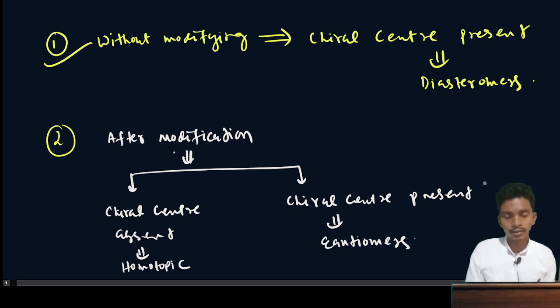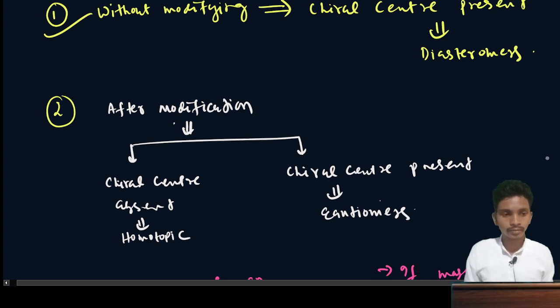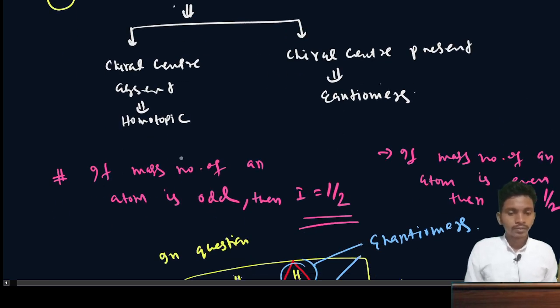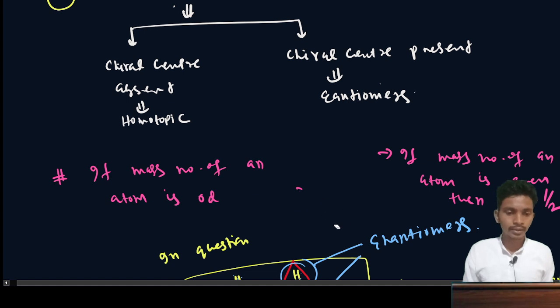These are the conditions for enantiotopic and homotopic, and for diastereotopic. So for diastereotopic, without modifying, if a chiral center is present, then diastereotopic. If it is absent, then there is no chance of diastereotopic. Now we will move to the questions.